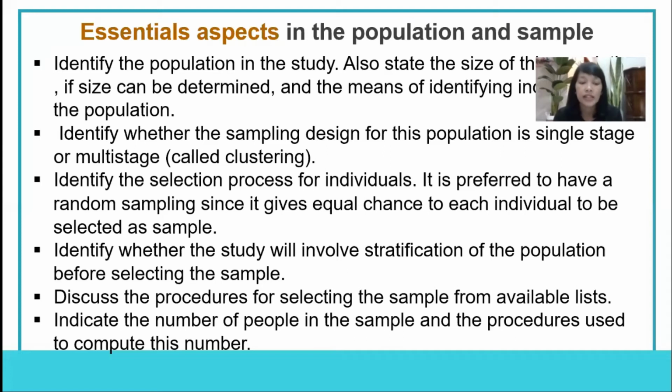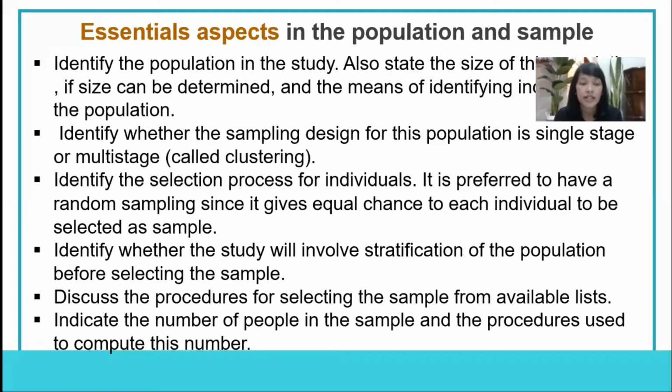Then identify whether the study will involve stratification of the population before selecting the sample. Stratification means specific characteristics of the respondents or individuals, for example gender, male and female, income levels or levels of education.